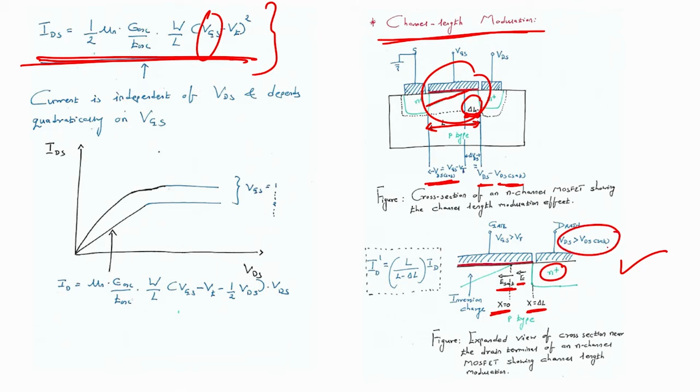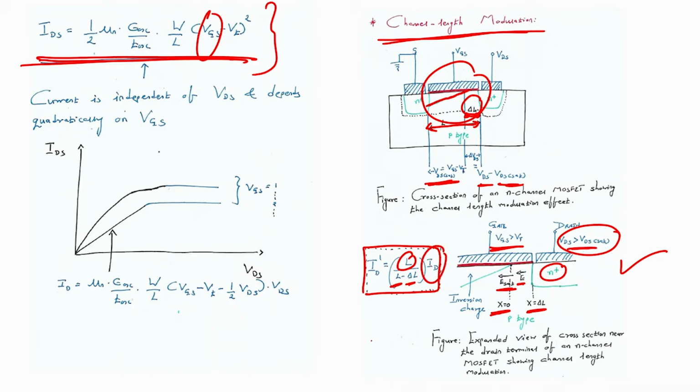My voltage across drain will be VDS, which is extremely high compared to VDS saturation, VGS is greater than VT. In this case the inversion charge will happen and my ID formula would be nothing but ID dash equals to the original length minus the change in length due to modulation, into my drain current ID.